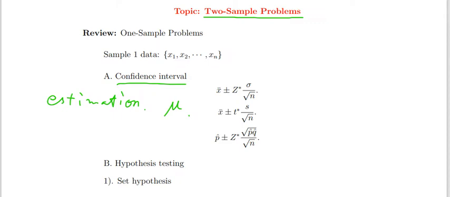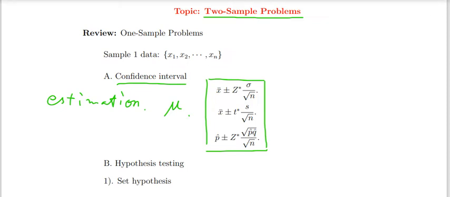So we have those formulas: X bar plus minus Z star, or X bar plus minus T star. Whether we use Z star or T star depends on whether we know sigma or not. If we don't know sigma, we have to use S, then we use the T distribution or T table.